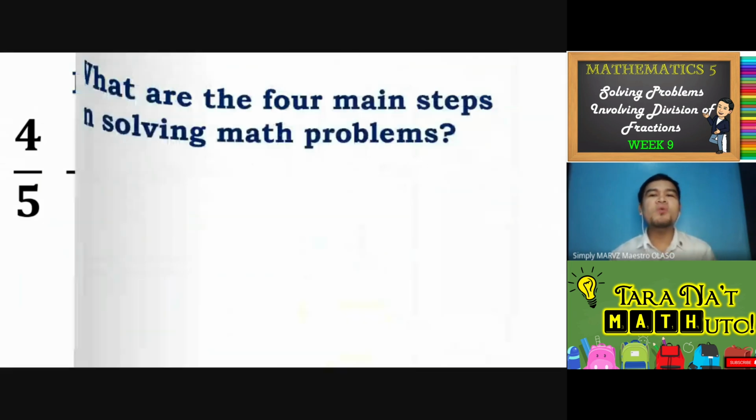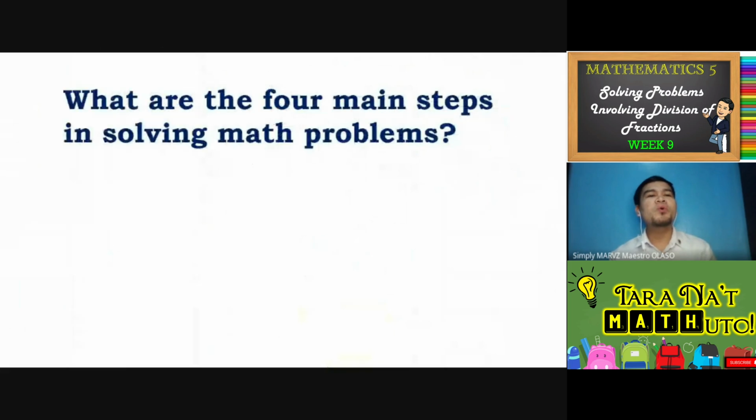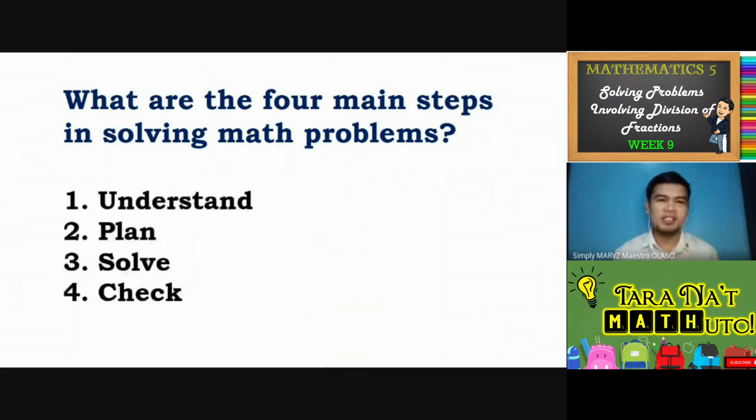Alright. Now, what are the 4 main steps in solving math problems? Ano nga ba yun? We have 2 types. The first one is understand. In understanding the problem, you have to consider what is asked in the problem. What are the given facts or given numbers? The second one is plan. In planning, you have to consider also what is the operation, what strategy you are going to use to solve the problem.